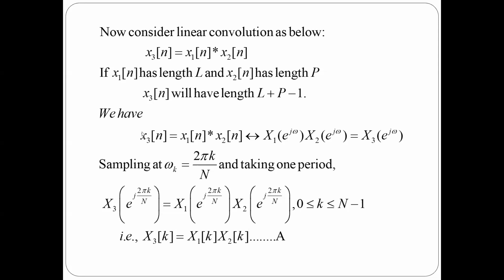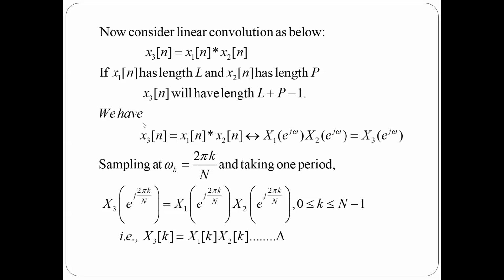In the time domain you have x3 of n equal to x1 of n convolved with x2 of n, and in the spectral domain, in the DTFT, you have X1 of e power j omega and X2 of e power j omega, which we will call X3 of e power j omega, which means x3 of n and X3 of e power j omega form a discrete time Fourier transform pair.